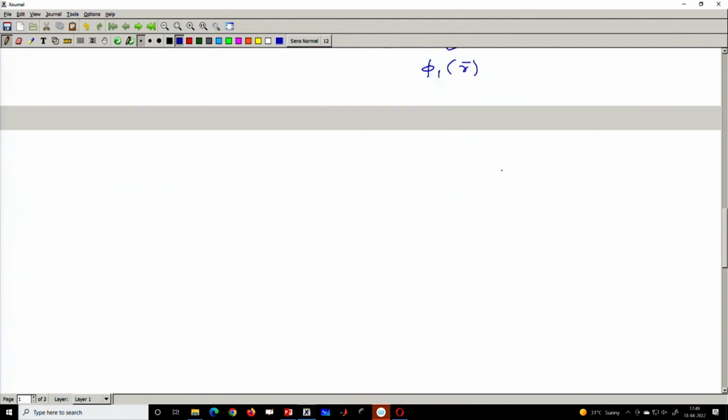So, my W I can write as half integration of rho 2 at r prime point, and then the potential phi 1 at r, and this is over dv.